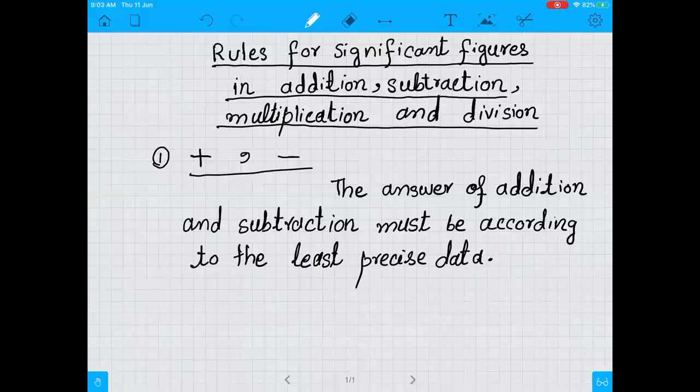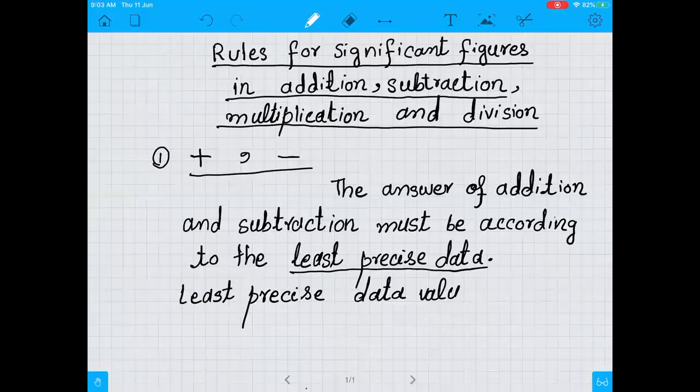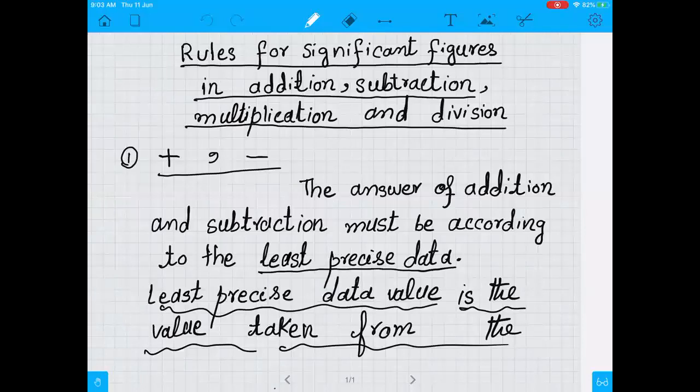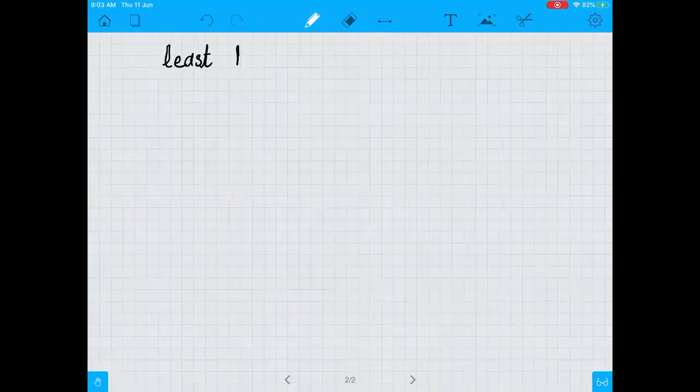Now, what is meant by least precise data value? Least precise data value is the value taken from the least precise instrument.